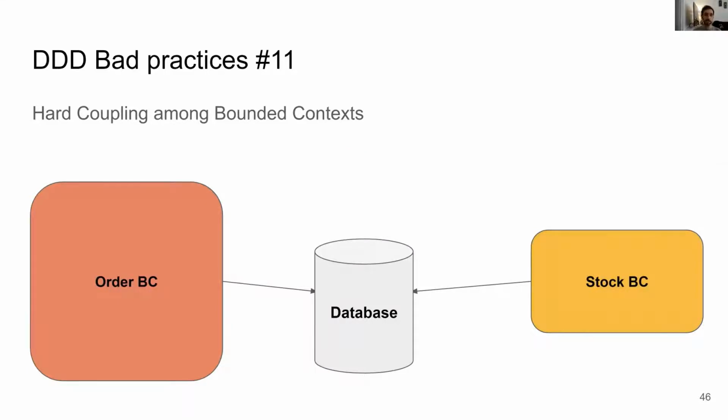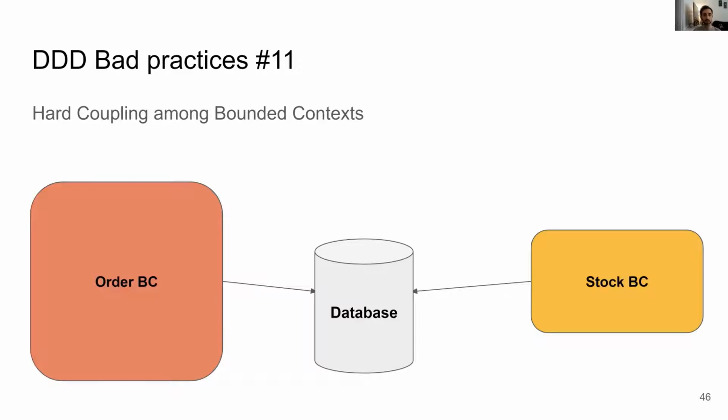Let's change the domain. Let's go to another domain, for example, the domain of IKEA, or any other e-commerce site. You have some orders that use a table in your database, and you have another bounded context, stock, that uses the same database schema. Imagine if the stock bounded context locks the table that is used by order.